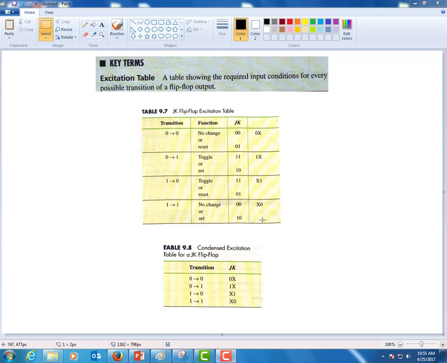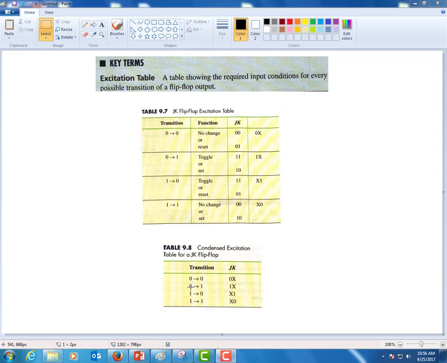And then further, what you're going to see is they aren't going to list this whole table like this. They're just going to show the transition and the J and K values. But this is where this condensed excitation table comes from. So if you look at the condensed excitation table, to go from 0 to 0, J has to be 0, K can be either 1 or 0.